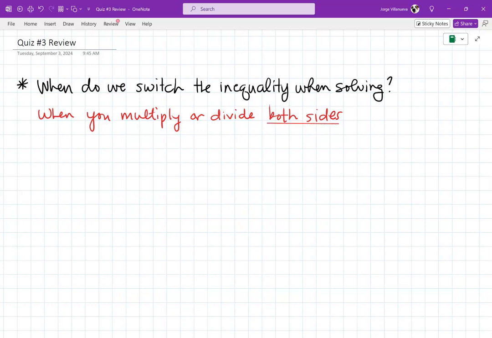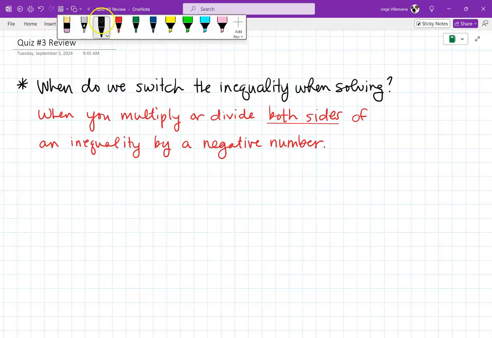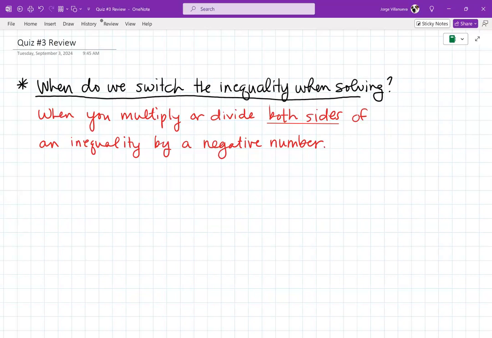Both sides of an inequality by a negative number. Okay, so when you multiply or divide both sides of an inequality by a negative number.